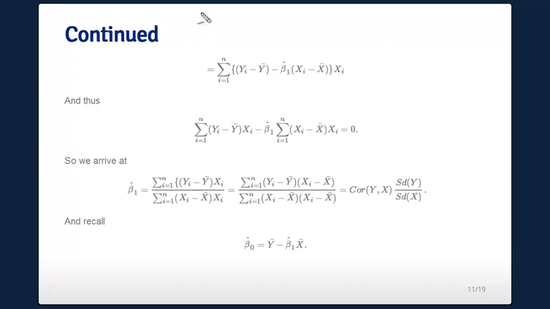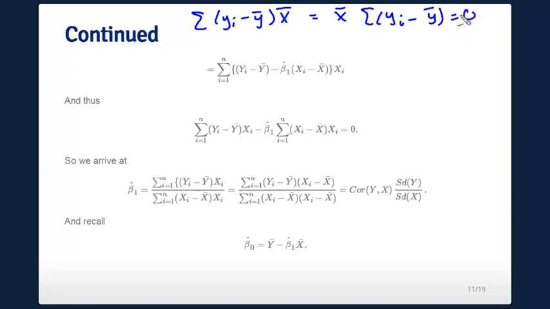Now, let me just note that the summation of yi minus y bar times x bar is equal to x bar, because x bar doesn't depend on i, times the sum of yi minus y bar right there. But this is the sum of the deviations around a mean. But we already know that to be 0, right?